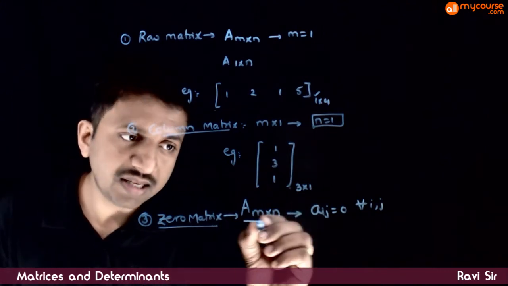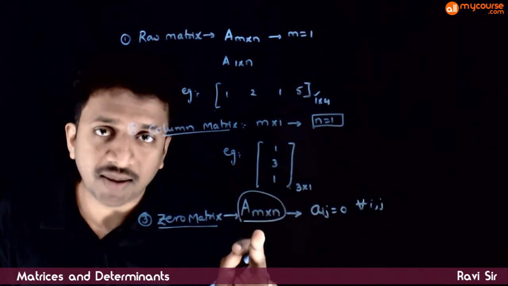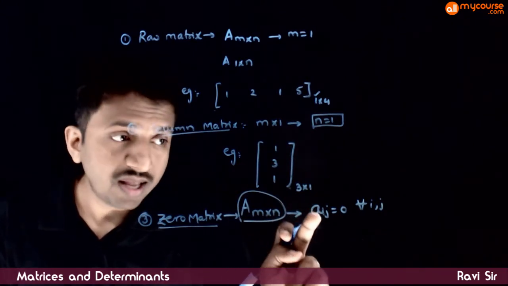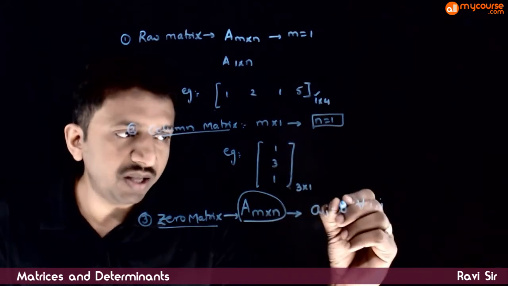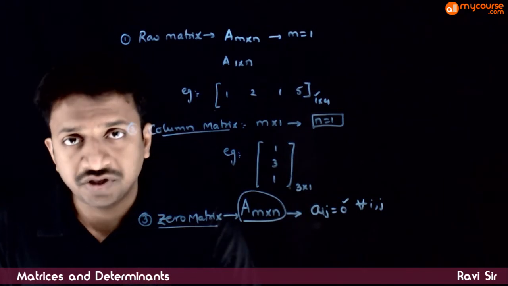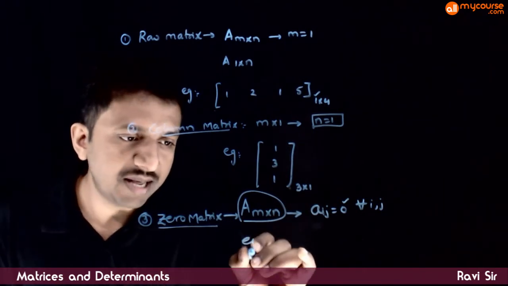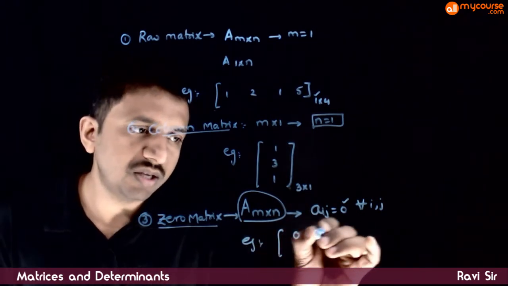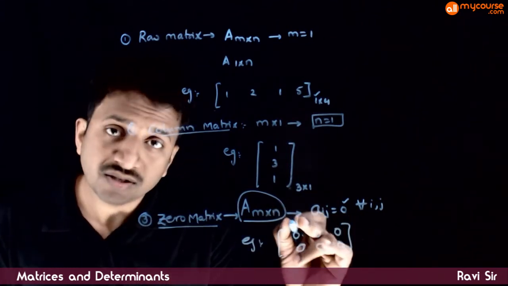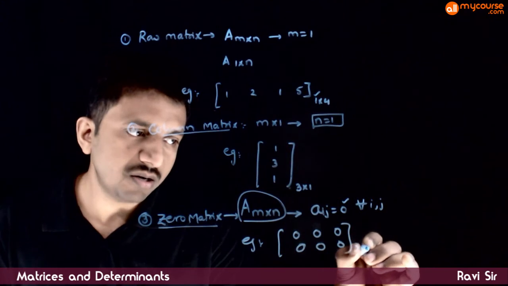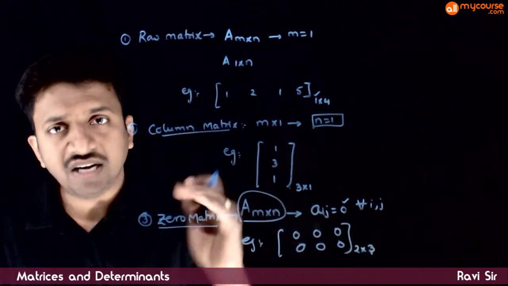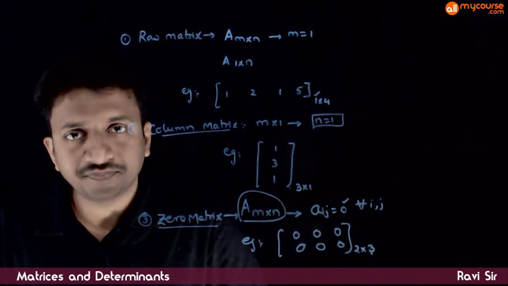So you take any element in A, it looks like Aij as we have discussed. Every element Aij has to be equal to 0 for all possible values of i and j. For example, 0, 0, 0, 0, 0, 0 is a zero matrix of the order 2 by 3. So the first 3 types are very clear.